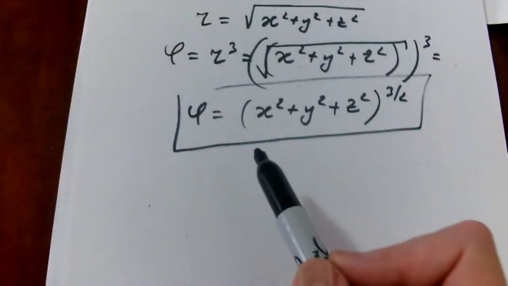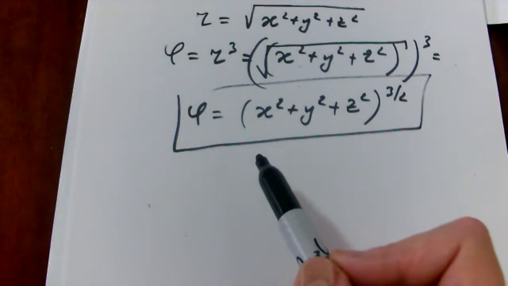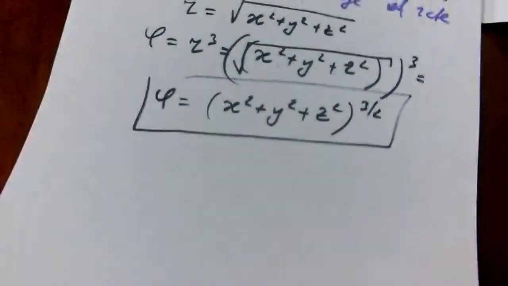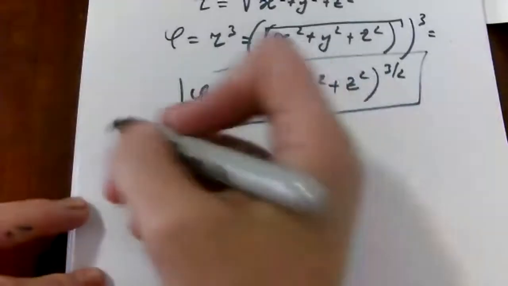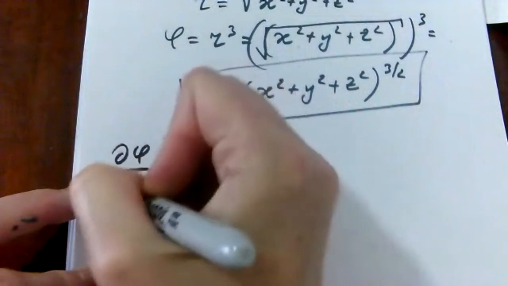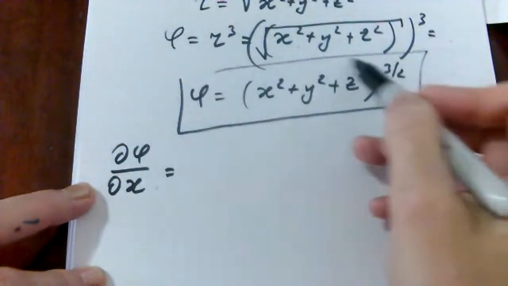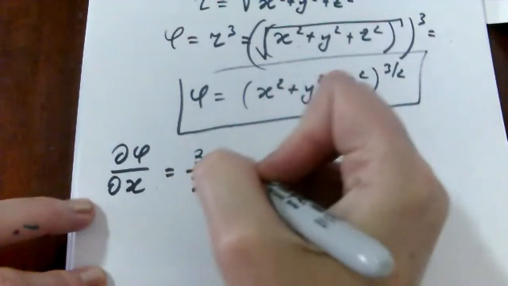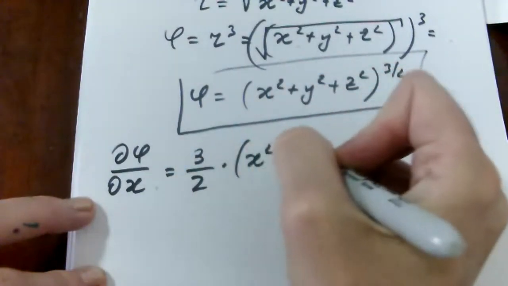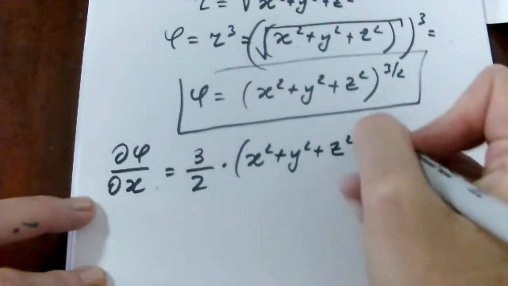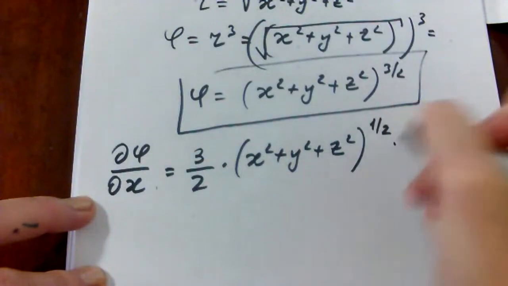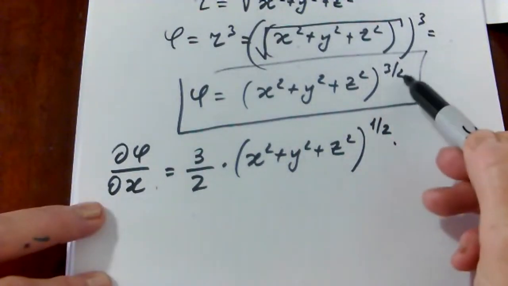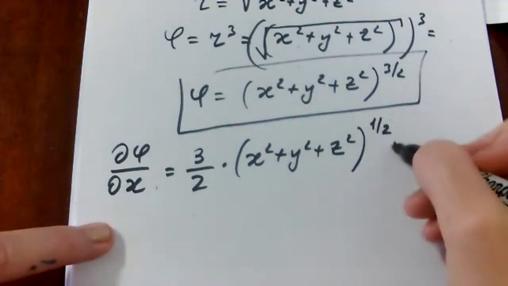So let's start doing it. The gradient is a vector whose components are partial derivatives of this function. So let's calculate these partial derivatives. So d phi over dx is what? We need to take the derivative of the external function, which is 3 over 2 times x squared plus y squared plus z squared in the power of 1 over 2, because 3 over 2 minus 1 is 1 over 2.